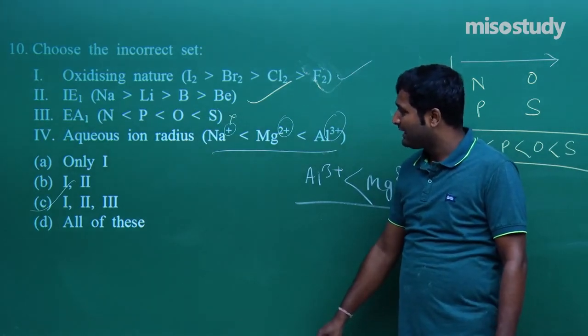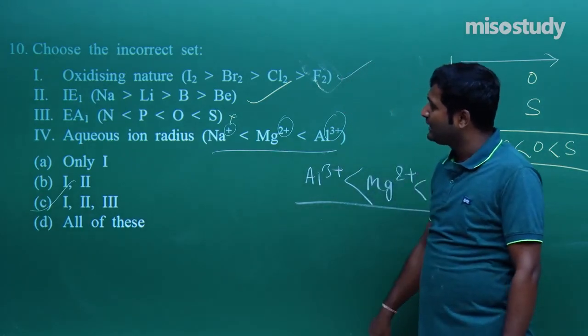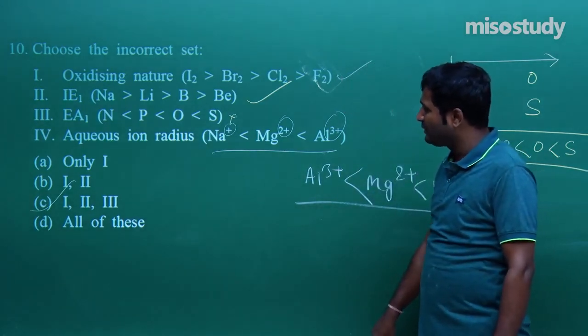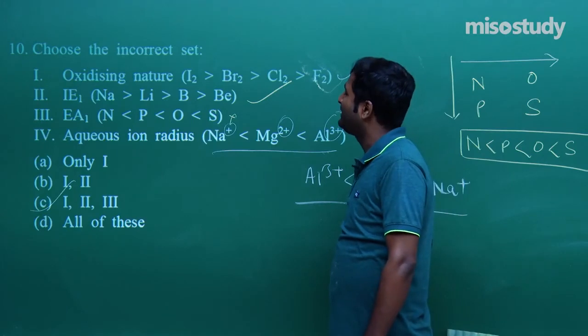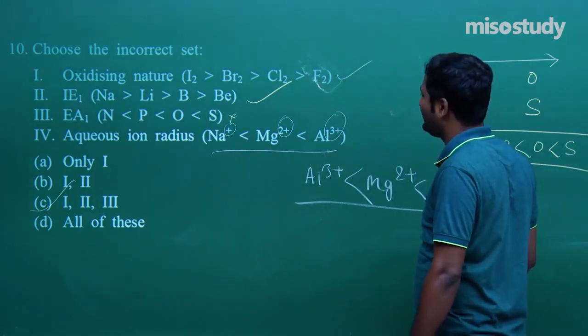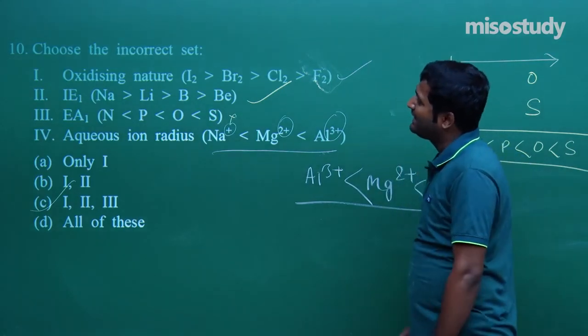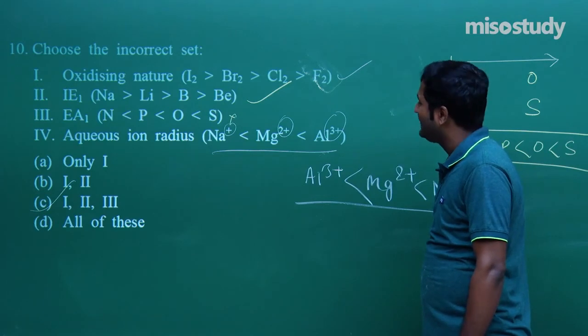Now again check out the next one: nitrogen, phosphorus, oxygen and sulfur, that is electron affinity, or you can say electron gain enthalpy.